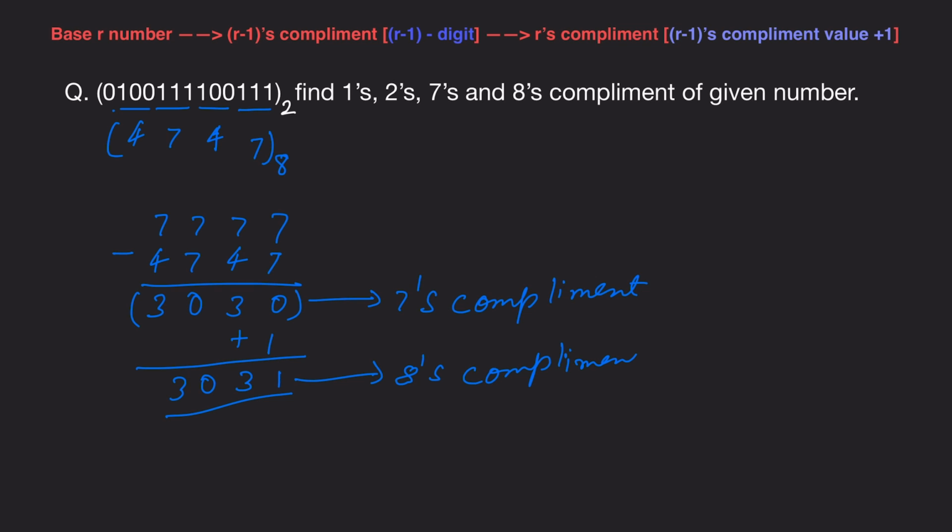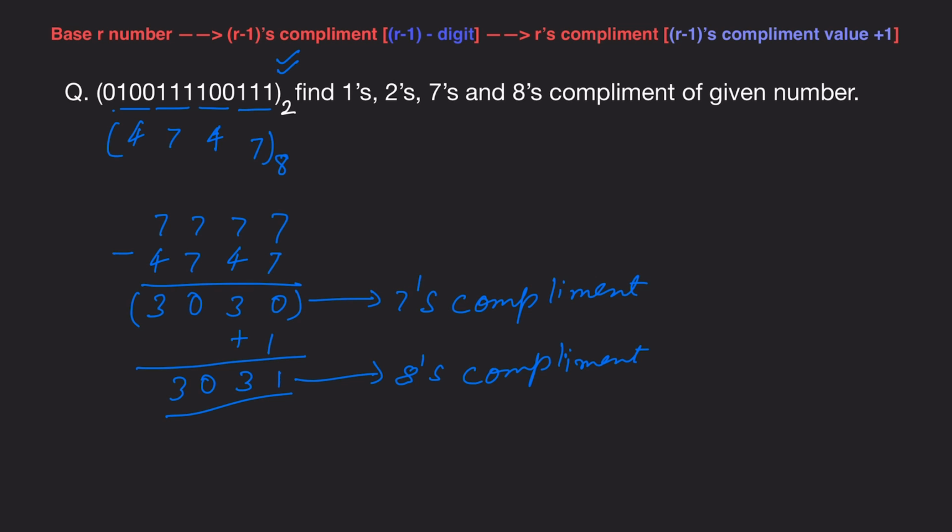So I think you understand the conversion of a number into another base, and you are also able to find the complement if it is given in any other base.